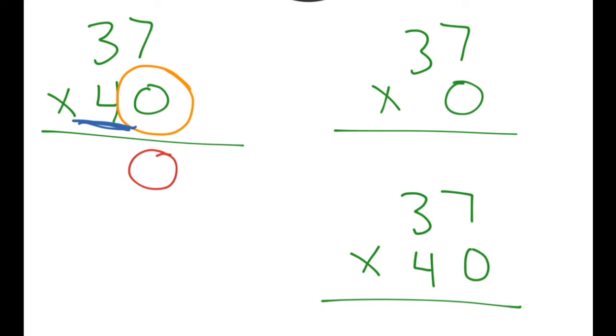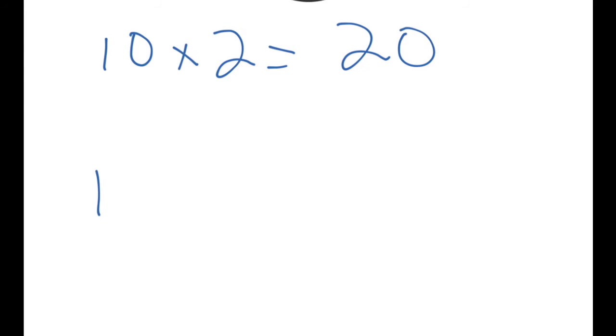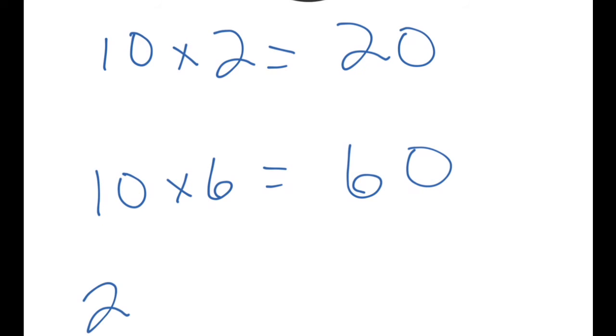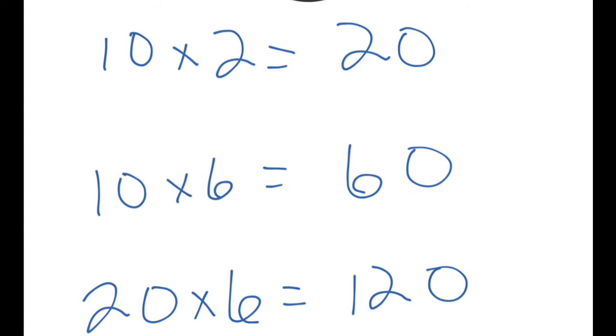When you multiply any number by a number in the tens place, for instance, when you multiply 10 times 2, you get 20. 10 times 6, you get 60. I could even do 20 times 6 and get 120. Notice every single time you always have that 0 in the ones place when you multiply any factor of 10 by a whole number.